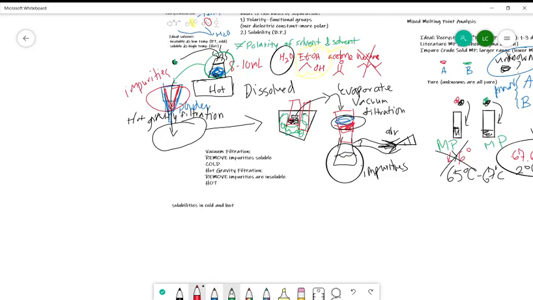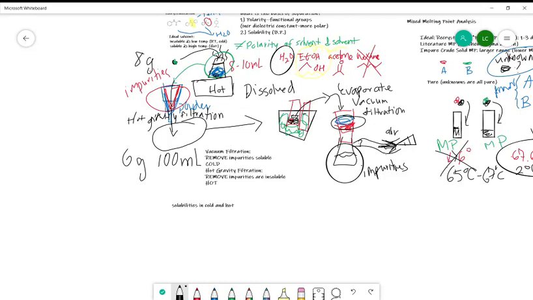So let's say you had a solubility of like 6 grams per 100 milliliters or something, and let's say you had 8 grams originally, and then you know 6 grams is soluble at high temperatures of, let's say, benzoic acid in 100 milliliters.